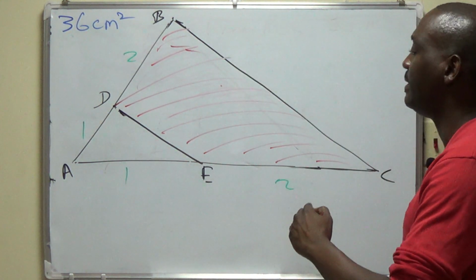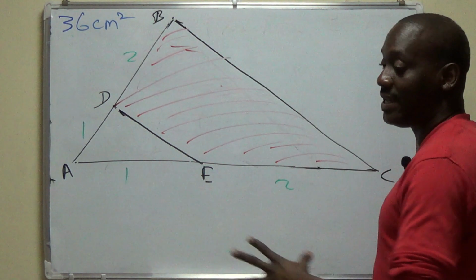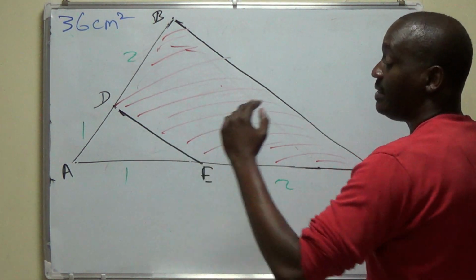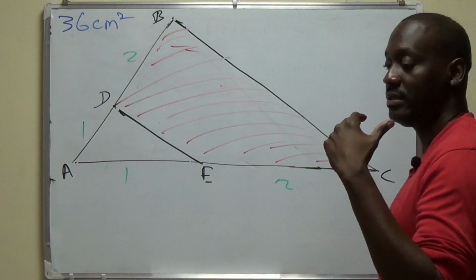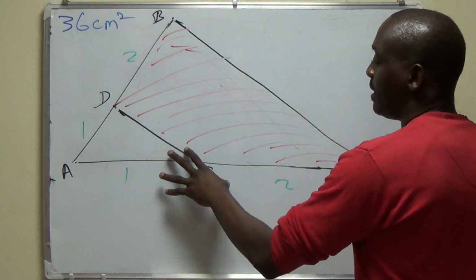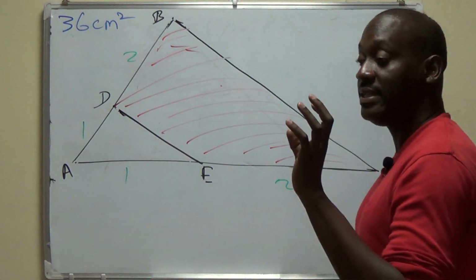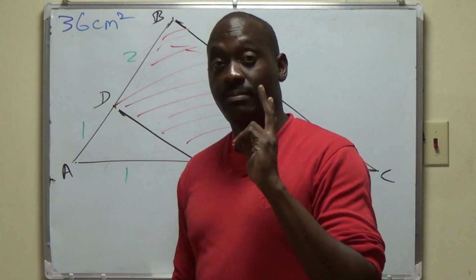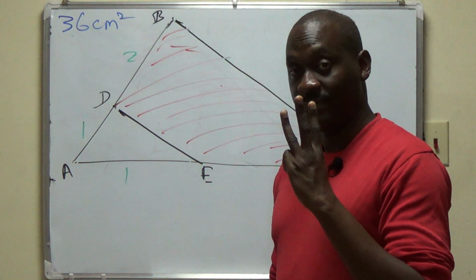So applying that here, we could say that this big triangle in terms of the side lengths is 3 times the small triangle. In other words, the magnification is by a factor of 3.